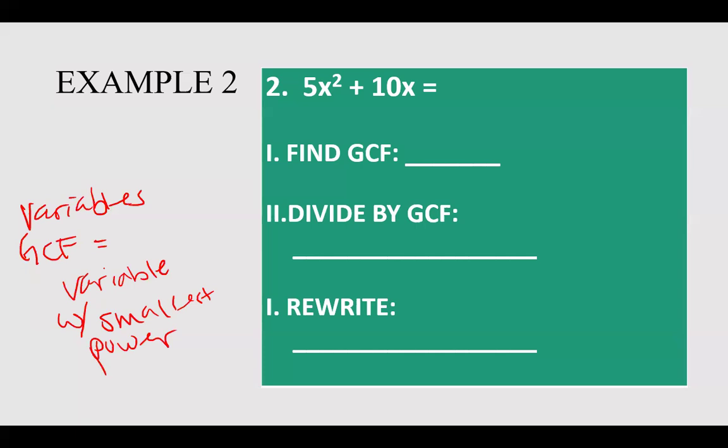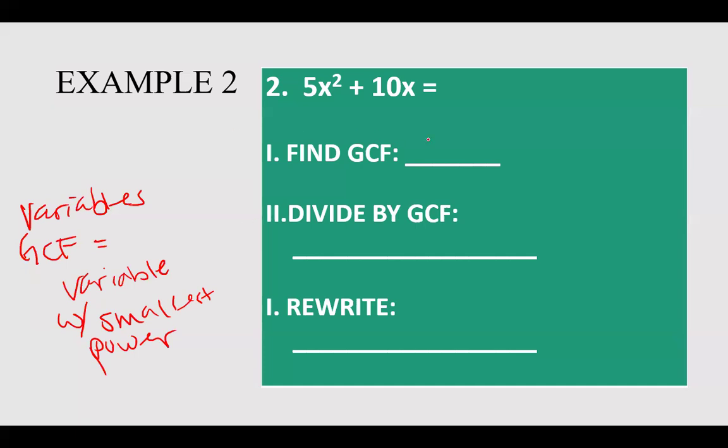We're in our second box, right? So when you're comparing variables, the GCF is equal to the variable with the smallest power. The reason being is if I have a higher power, when I divide out, I'm not going to be able to divide both equally. I'm going to have not enough in some aspect.